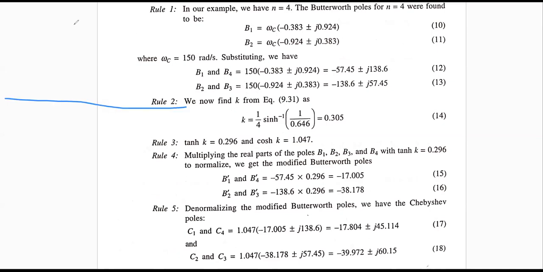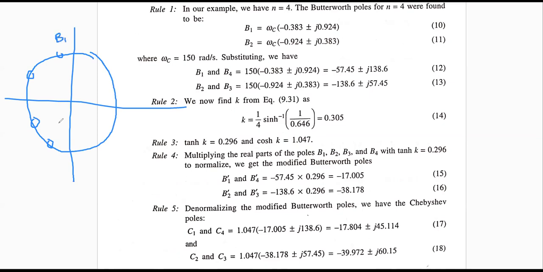So let's say these are the poles. We are talking about the Butterworth filter. This is how they are represented: B1 and B4, B2 and B3. Those are the pole conjugates.